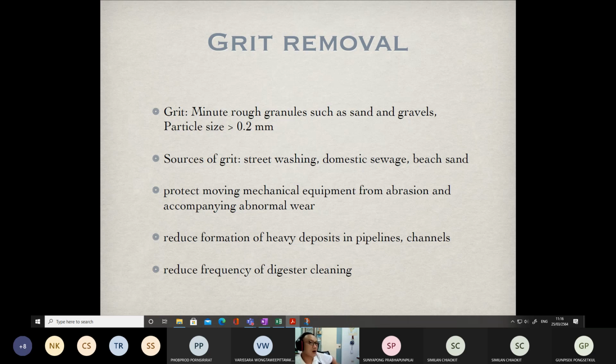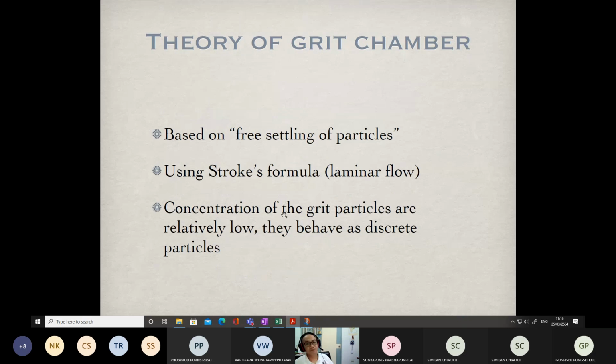So if we allowed thousands of sand and gravel particles to enter the digester, the activities of the microorganisms to produce methane gas will drop. Finally, we will not get any methane from the digester. That will be the problem. So this is the major reason why we need to have grit removal.